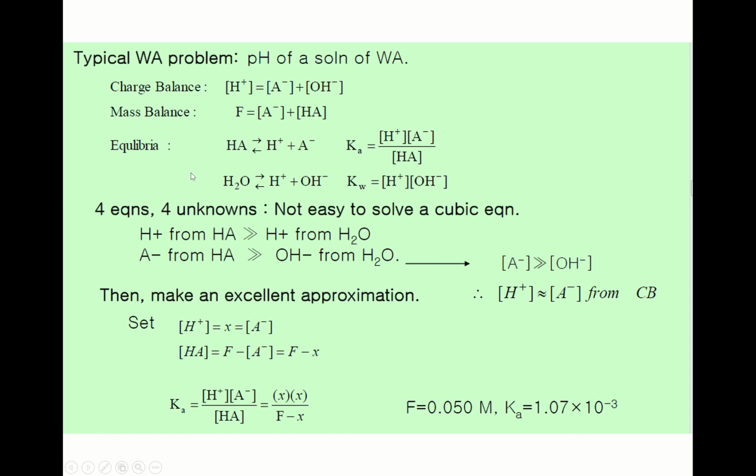From the equilibrium we have another equation, and automatically the water dissociation gives us this equation. So how many equations? There are four. How many unknowns? One, two, three, four: proton, anion, hydroxide, and HA.